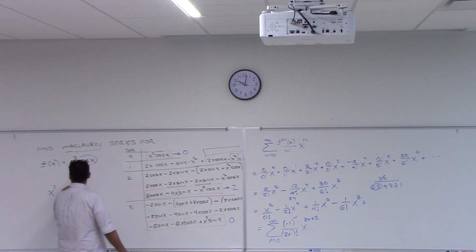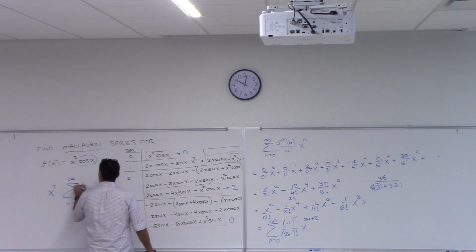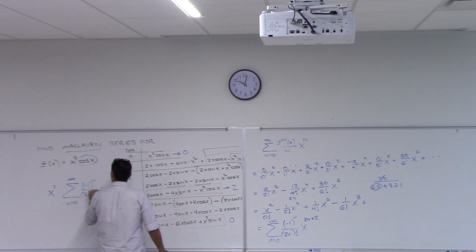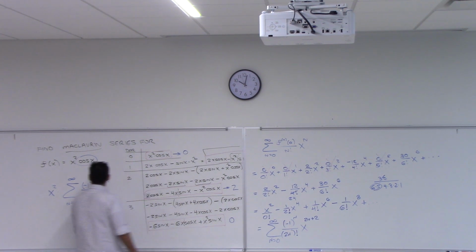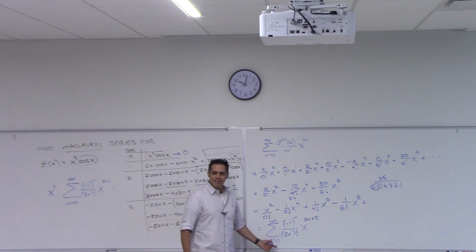Sum n equals 0 to infinity, negative 1 to the n, over 2n factorial, x to the 2n. Push this in. And what happens? You add 2 to this exponent. And that's it. And that's the same answer we just got right here.